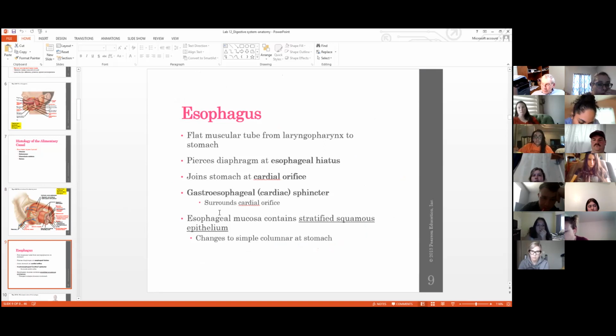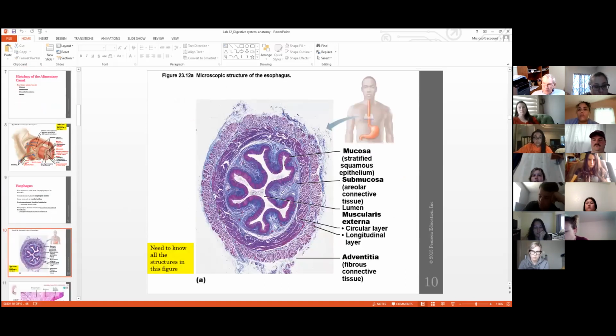The esophagus, this layer, I'm not sure that there's anything on here that tells you this is the esophagus if it's not labeled. Notice that you have the identifying cross section here of where that is.